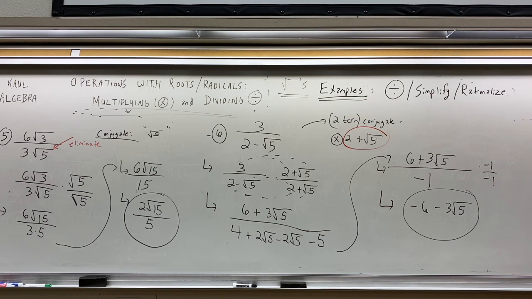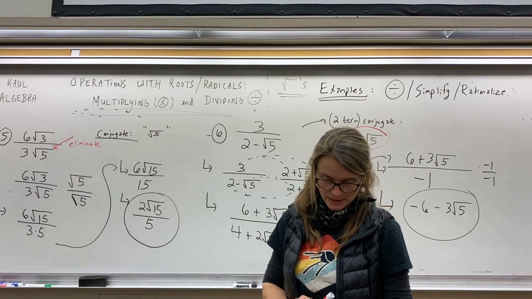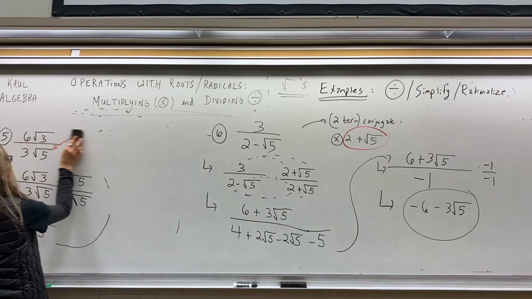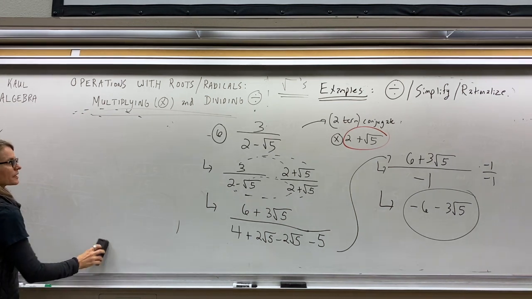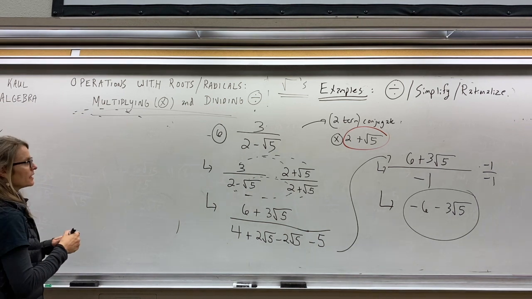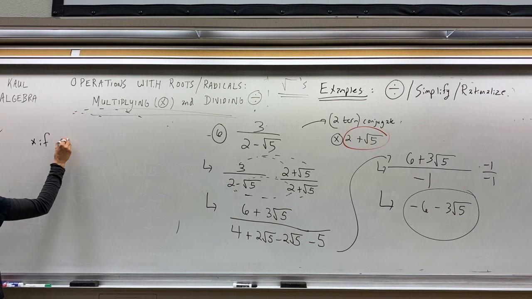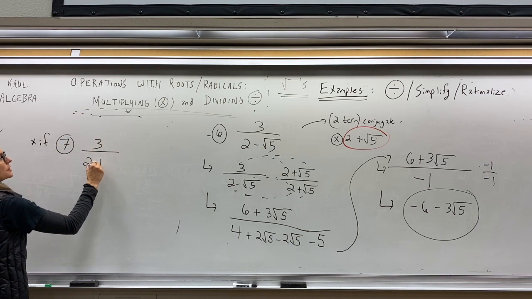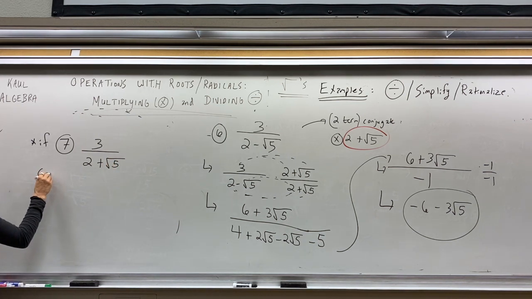It's rationalized. It has no square roots in the denominator, no roots at all, square roots, cube roots, or any type of roots. So before we leave off, one last comment here, something to explore so you get familiar with conjugates is, if you had the problem 3 over 2 plus the square root of 5, what would be your conjugate?